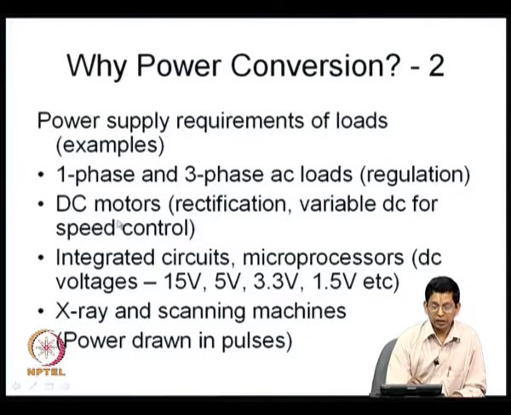Now, let us say DC motors are the loads. Several machines like lathes etc., might be using DC motors, and DC motors require DC, whereas what you have is AC that is available from the utility.